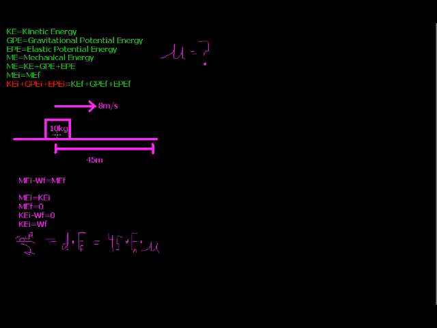Because if it's being pulled down with some amount of force because of gravity, the surface has to be pushing back up with the same amount. And if we take 9.81 times 10, we get 98.1. I didn't write that correctly, but we get 98.1 as the weight, or the normal force.